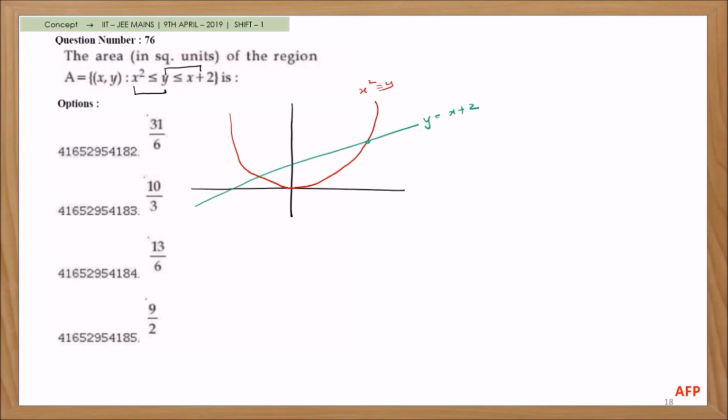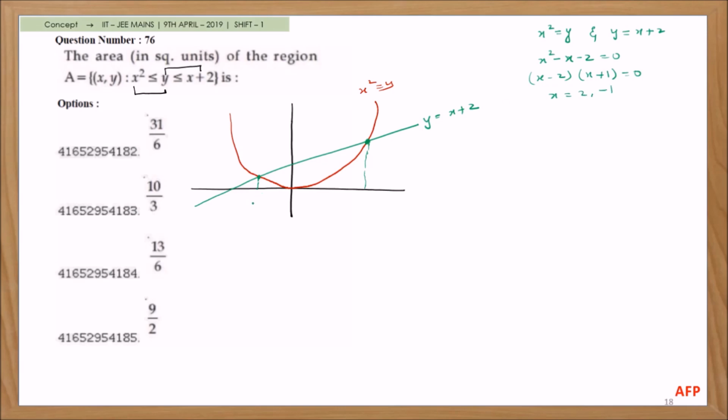So you are supposed to find these 2 points. X square is equal to y and y is equal to x plus 2 you got. So I'll substitute this in this equation. What you are getting, x minus 2 you got, x plus 1 you got is equal to 0. So therefore x is equal to 2 and minus 1.